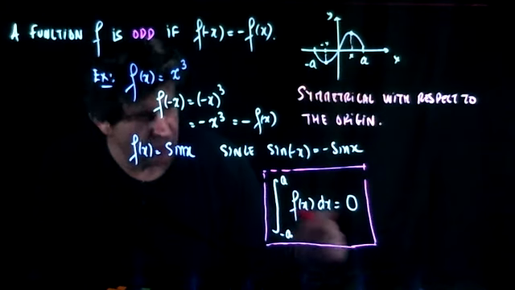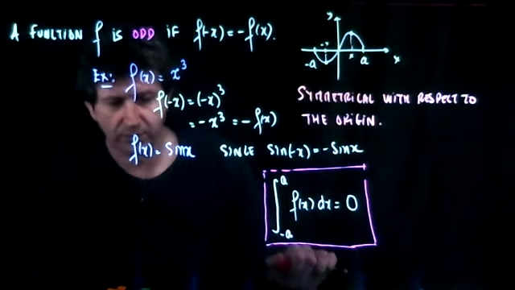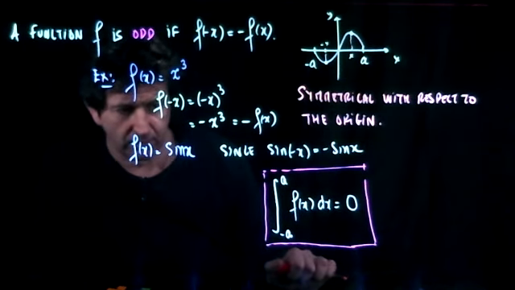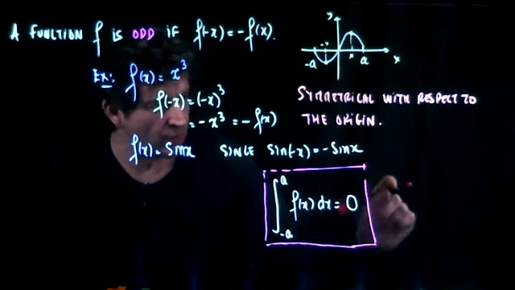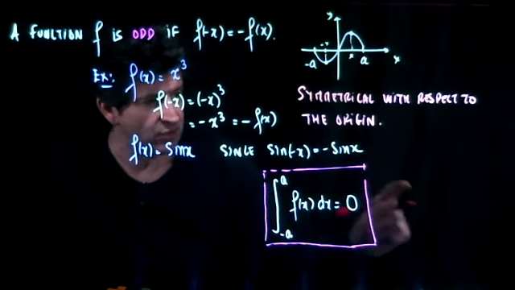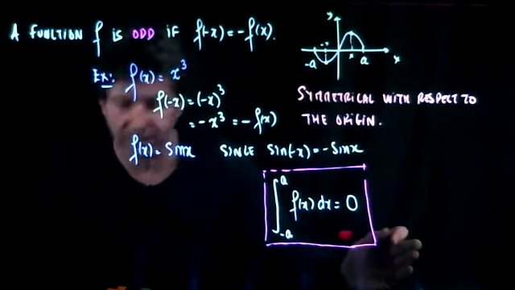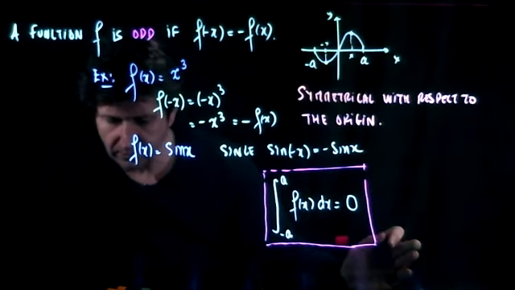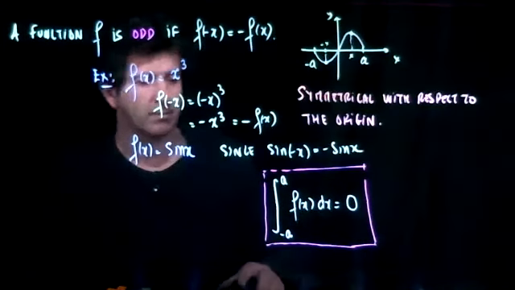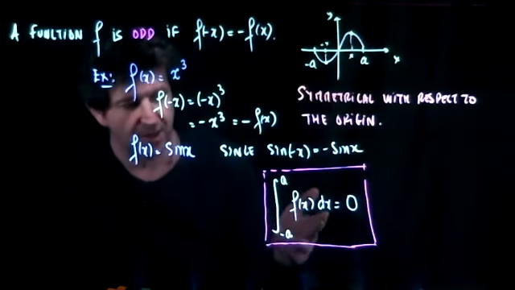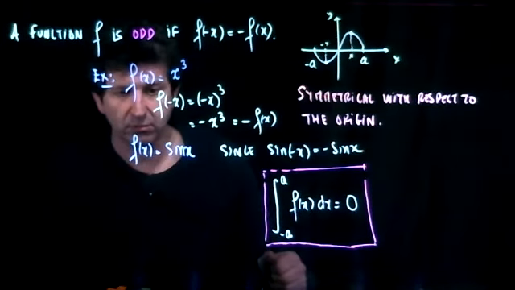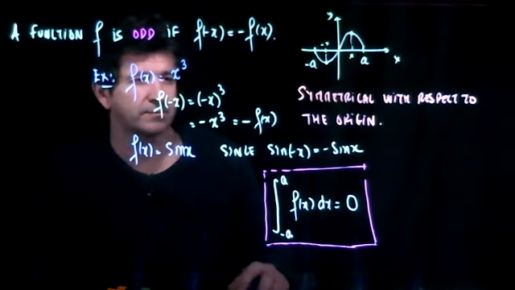If it's an odd function, you don't need to do any calculation, you just put a 0. You just write 0 and say, since this is an odd function, and of course you have to show that it's an odd function. But it's much easier to do that than to evaluate the integral. Sometimes.